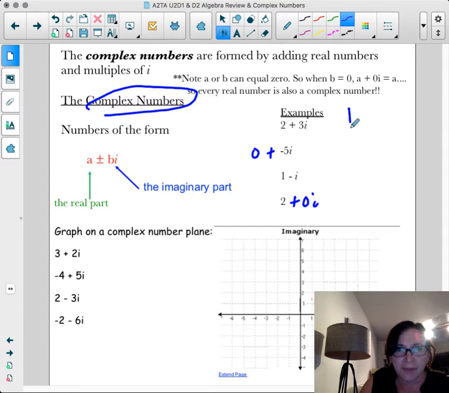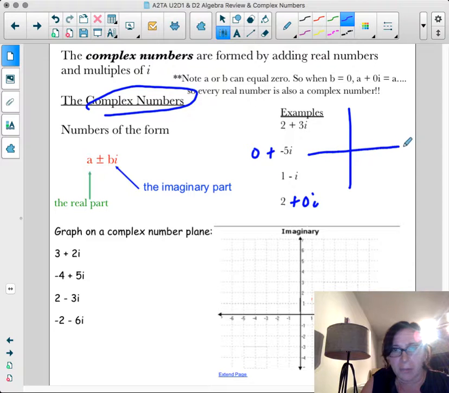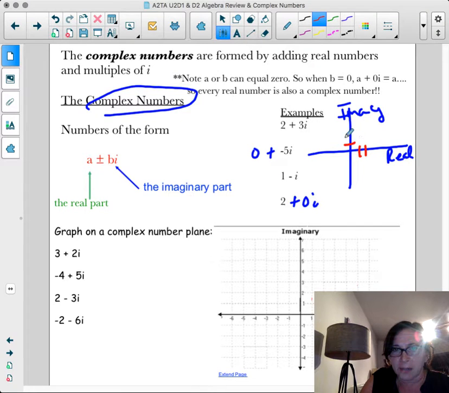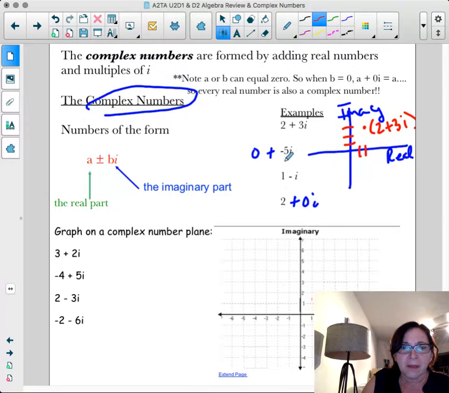If I were to graph these on the imaginary plane, which we call the complex number plane, this is our real values here, and these are our imaginary values here. And then what we would do is we would plot each of these points. So here, 2 plus 3i, we'd go over 2 on the real plane and 3i up on the imaginary plane, and that point would be written as 2 plus 3i. -5i, 0, -5i, that would be right here.